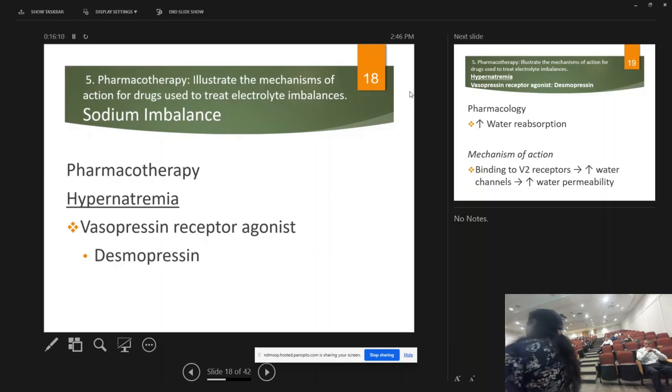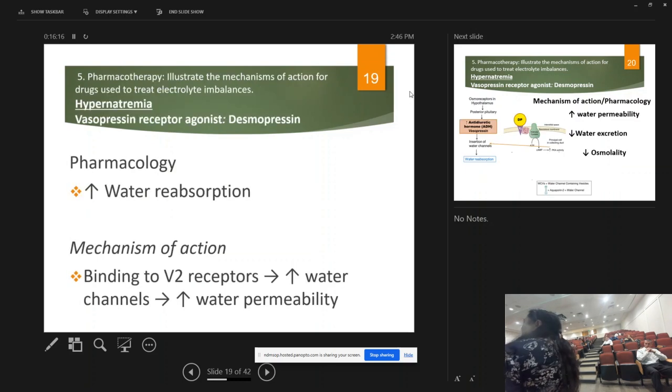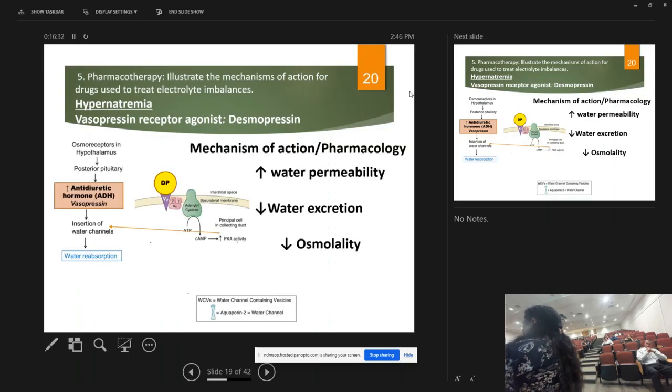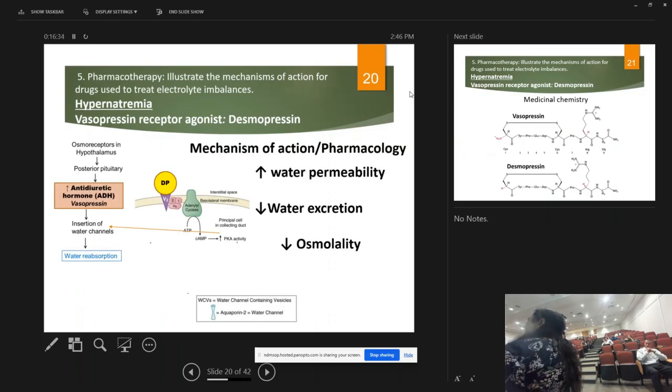Okay, so here we are hijacking our physiological approach. So here, using this drug, it's going to increase the water absorption. This particular drug actually binds to certain V2 receptors, and that's how it'll increase the channel in the membrane and increase the permeability. So this is how it will work.